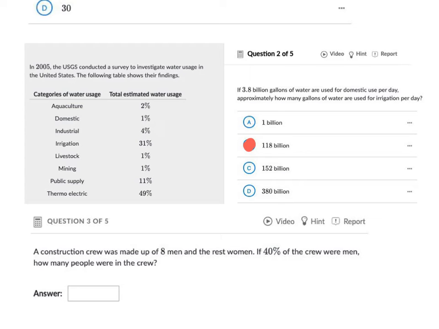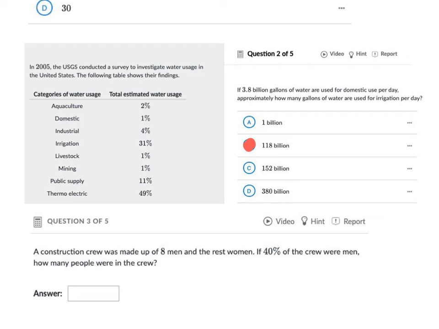Because here's the thing. Over on this side, and that's okay if that's what you did, there are categories for water usage, okay? And this is per day. This is all the different things that use water and at what percentage of the water they use. All right? So the domestic use is 1%.